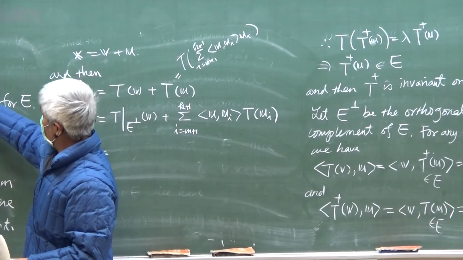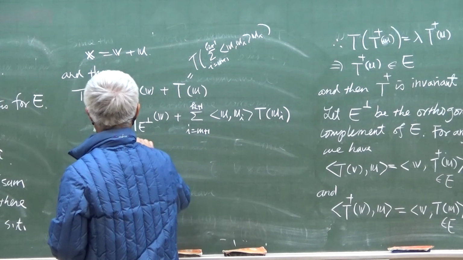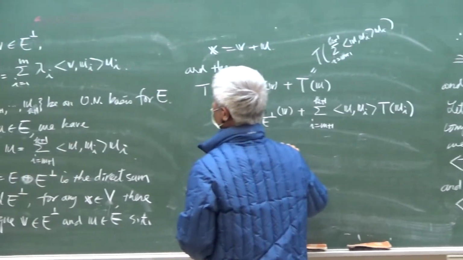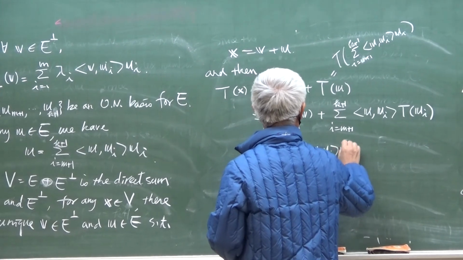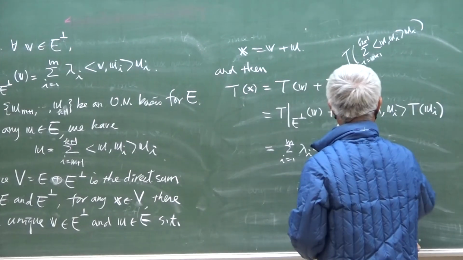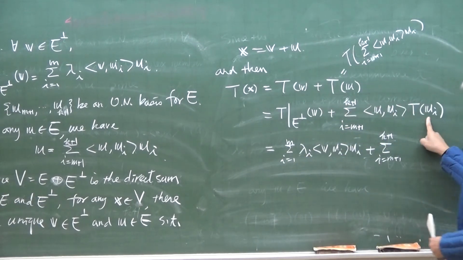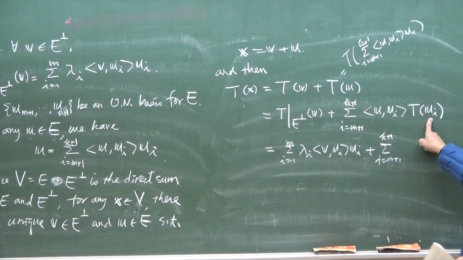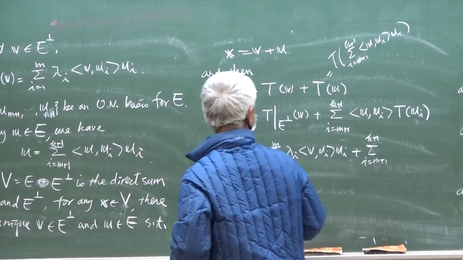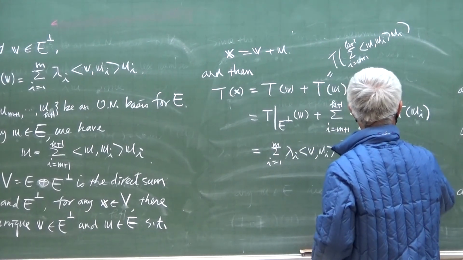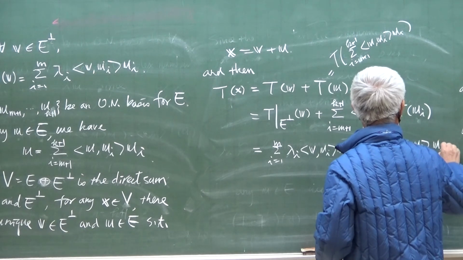Okay, so we have over here the summation I from 1 to M of lambda I, the inner product of V with UI, times UI, plus the summation I from M plus 1 to K plus 1. But UI is in the eigenspace, so we have lambda times the inner product of U with UI, times UI.